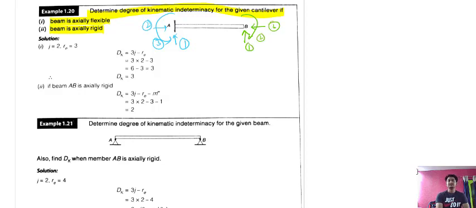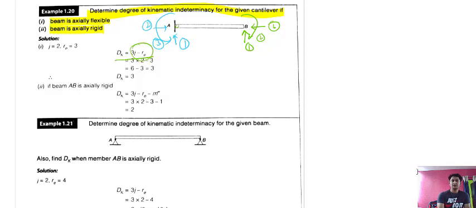In this case, when we are talking about the beam, we take it as a case of a rigid frame. So the formula for calculating the degree of kinematic indeterminacy in case of a rigid frame was dk equal to 3j minus re.